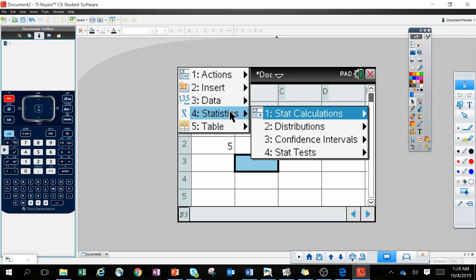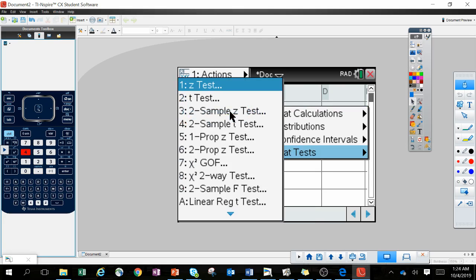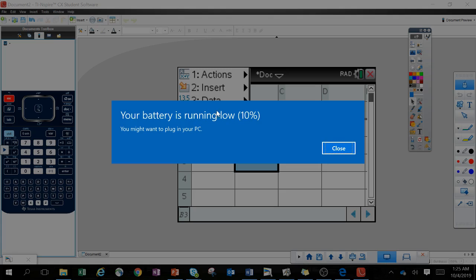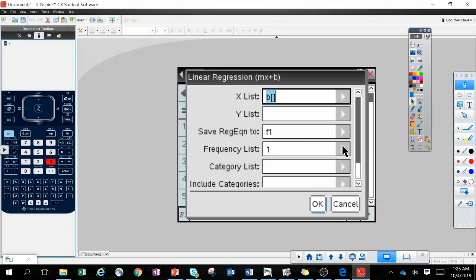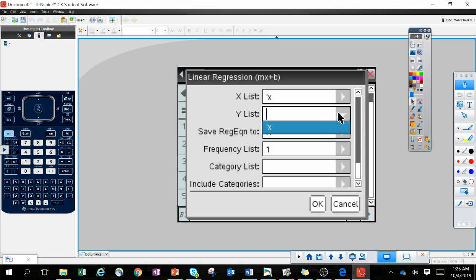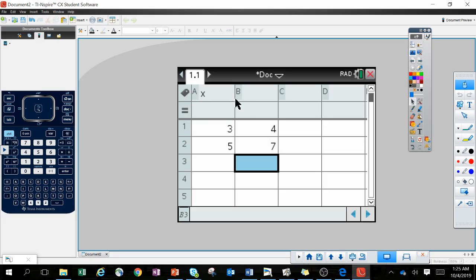Or for those of us who use the numbers, go back: 4, 1, 3. And from here, I'm going to click x. Here I want to click, oops, looks like we did not label this. There we go.